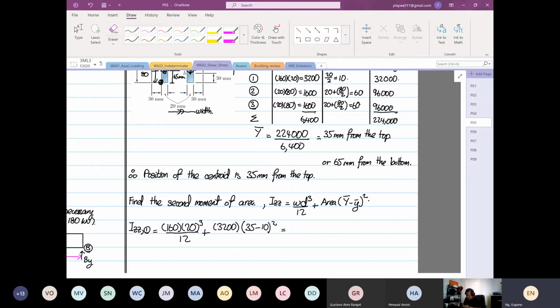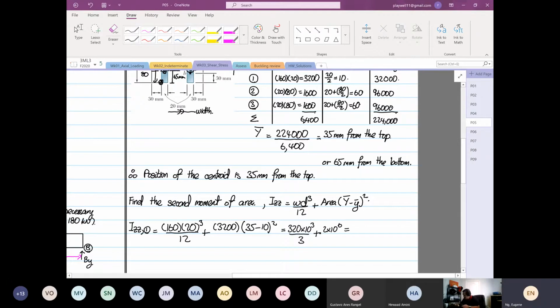So I think I better break it down. It's equal to 160 times 20 to the power of 3 divided by 12, so it's equal to 320 times 10 to the power 3 over 3. Then plus 35 minus 10 squared times 3200, which is equal to 2 times 10 to the power 6.